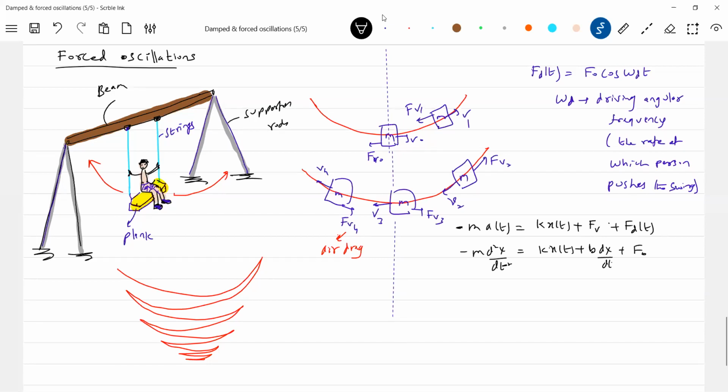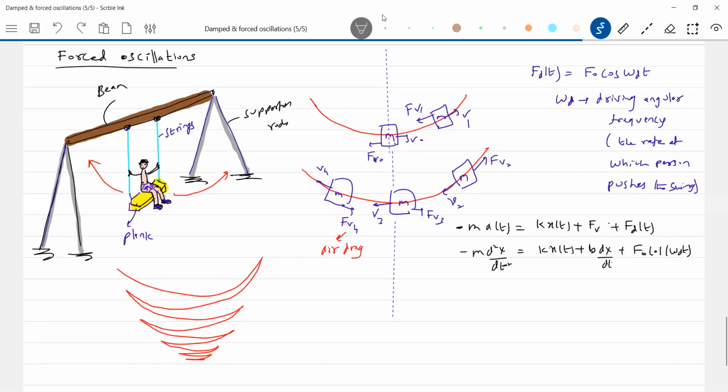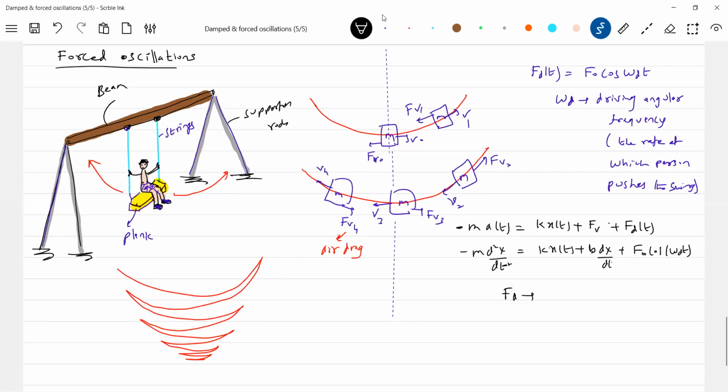This is again an equation of SHM only. So what is F_D? F_D is the driving force or external periodic force.